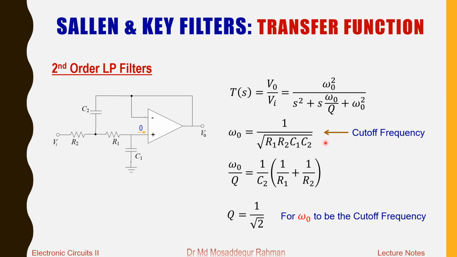Previously we have shown you the standard form of transfer function for the first order filter, and this is the standard form of transfer function for the second order filter. This is specifically for the second order low pass filter.